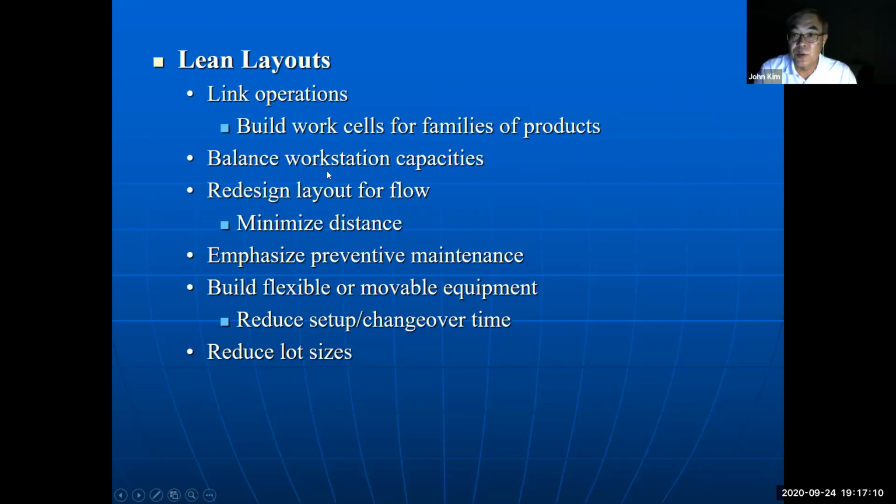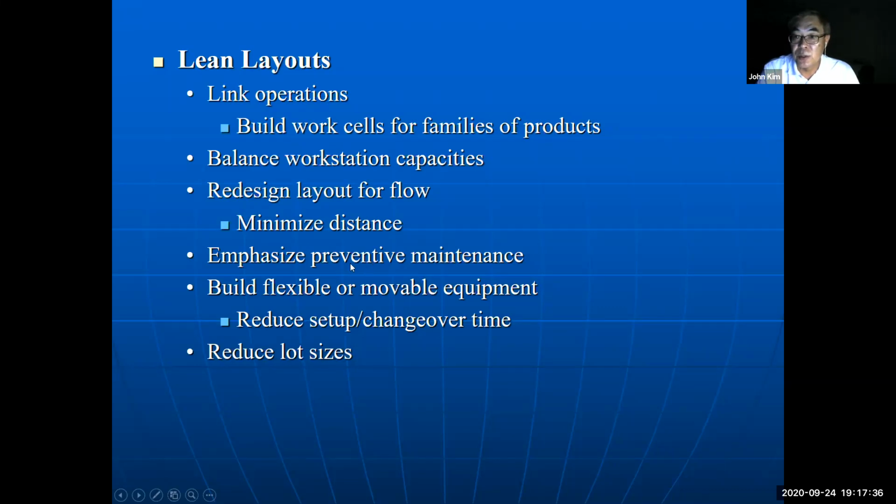And then balance workstation capacity, so each workstation has the same capacity and unnecessary capacity is reduced. And redesign layout flow, using link operation or line type, to minimize moving distance.